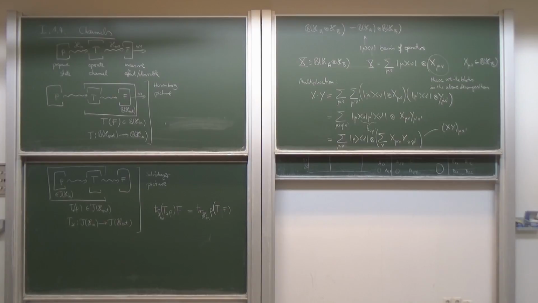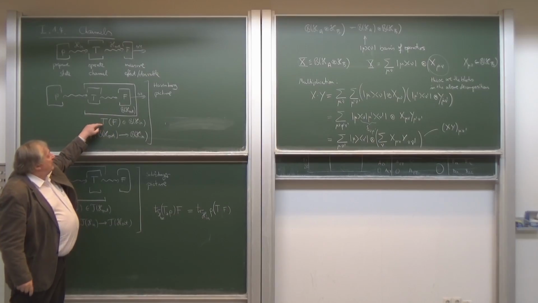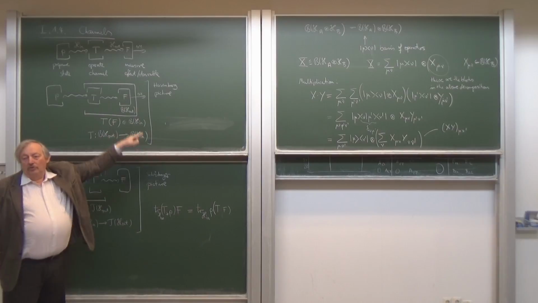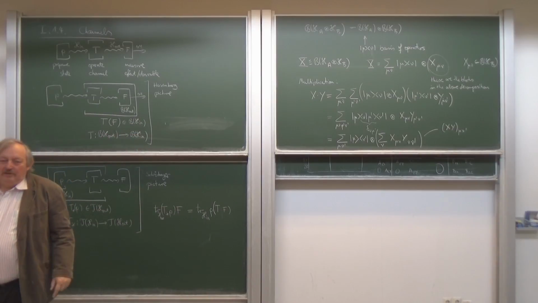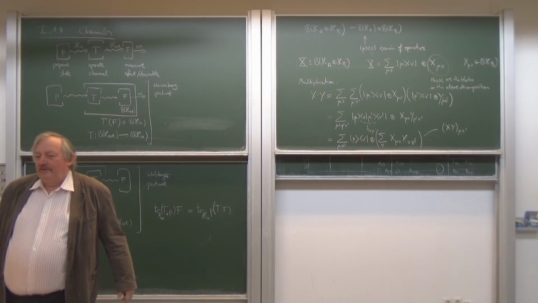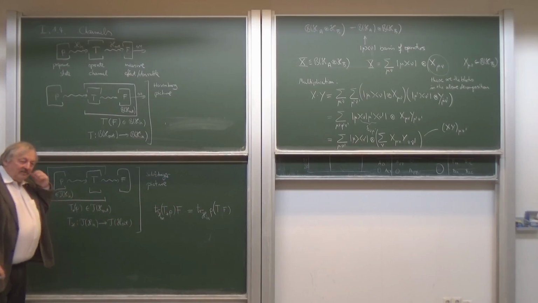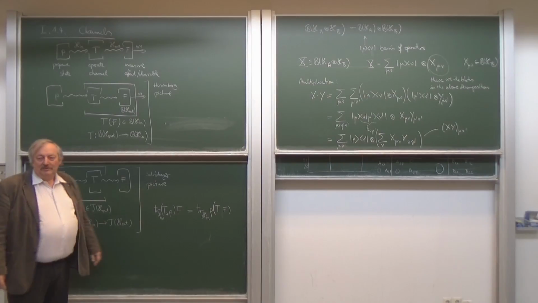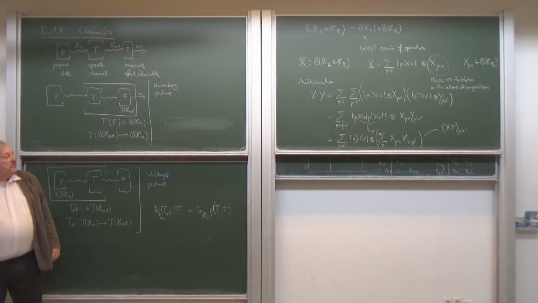So, as usual for linear maps, I don't write the argument parentheses. I did here, right? So this is the application of a linear operator on F. This is actually an operator on operators. Some people call that a super operator, but it's still just an operator, right? So only when I really want to emphasize that point, I would maybe say super operator.